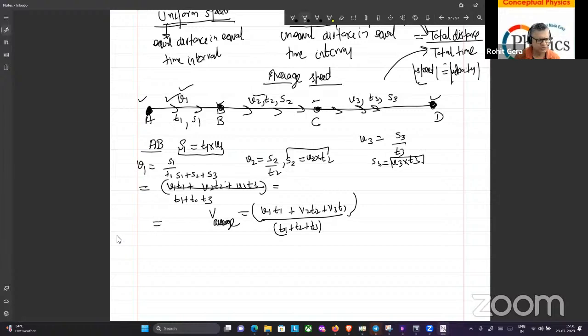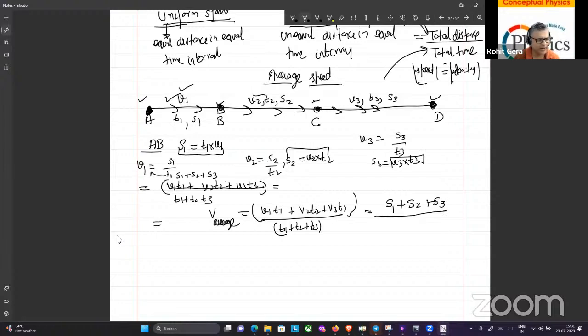So what they do is they just write the distance in the numerator, which is S1 plus S2 plus S3. It depends how you want to write it. Some people may write it like this, and they express the time in terms of S and V. So I will get the time from here.